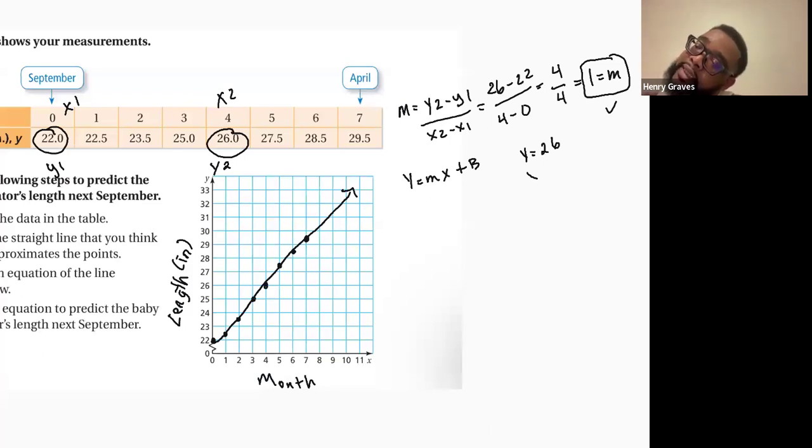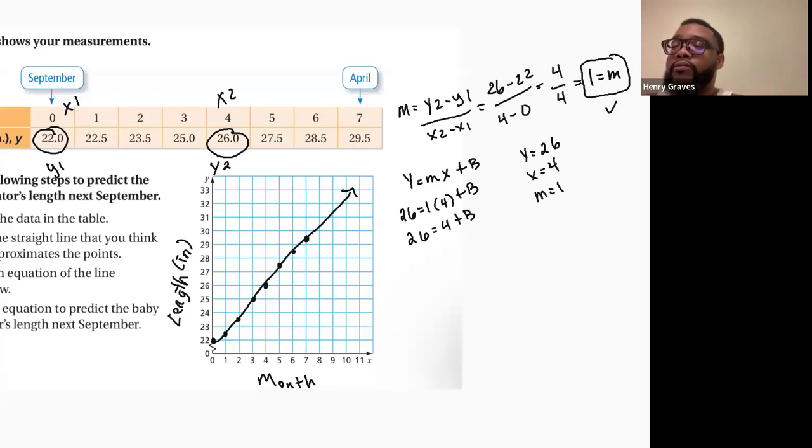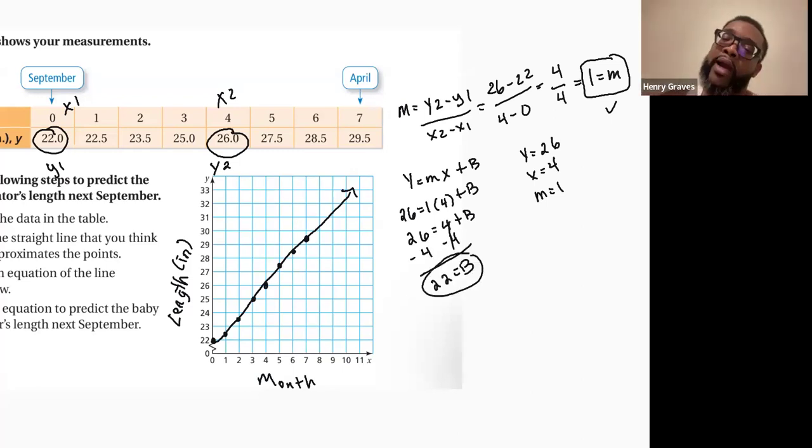So we're going to have 26 is equal to 1 times 4 plus b. So that means 26 is equal to 4 plus b. I subtract 4 on both sides. So 26 minus 4 is 22. So my equation is going to be y equals 1x plus 22.